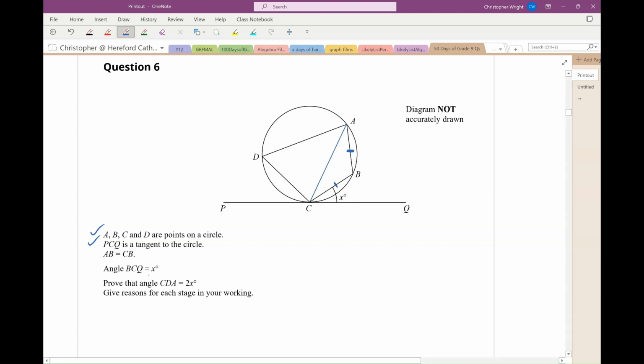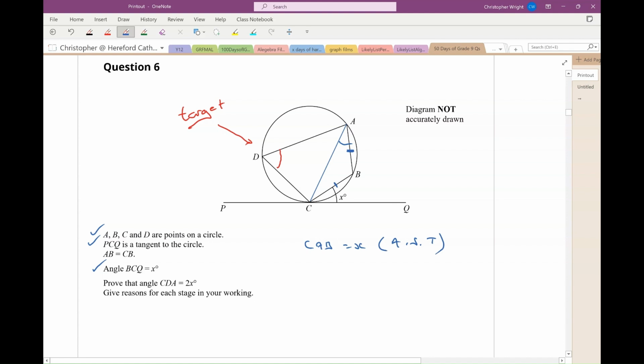Angle BCQ is x, that's labelled already. Prove that angle CDA, that's this angle here. So that is our target. And we have to prove that that equals 2x. Let's have a look. Well, the first thing I reckon is that I can find this angle here, angle CAB. Well, that's x because of the alternate segment theorem.